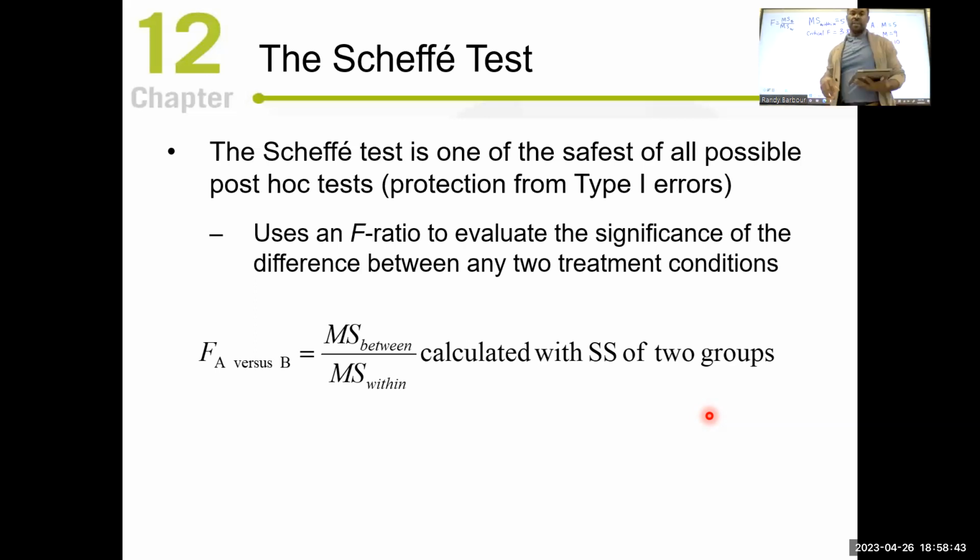For the sake of time, I'm just going to do the one for A and B. I already know where the significant differences are, but I'm going to use the Scheffé test to indicate that. I know the mean difference between B and C is no good, so I'm going to do the second one.